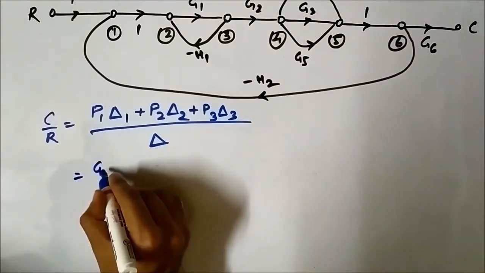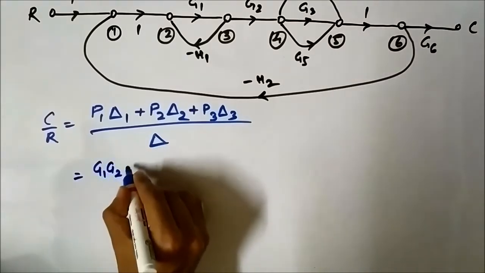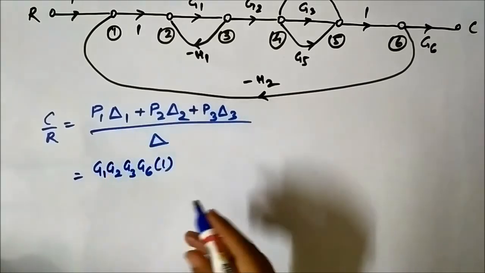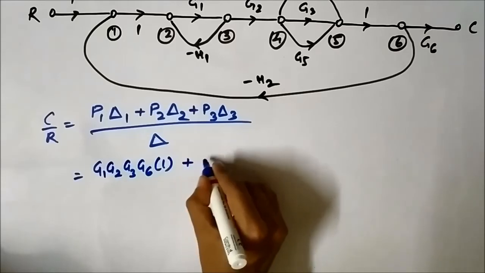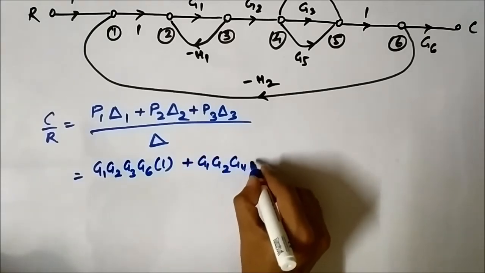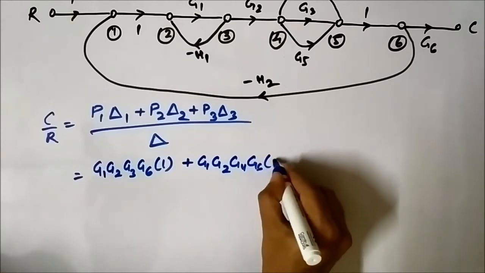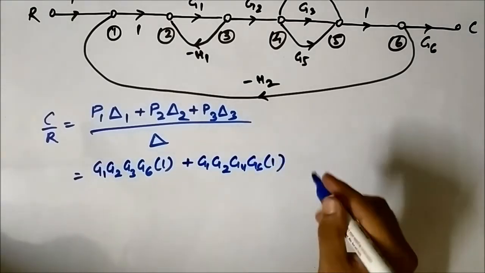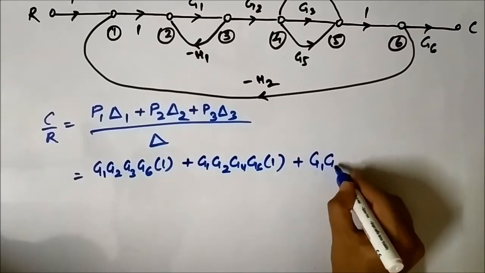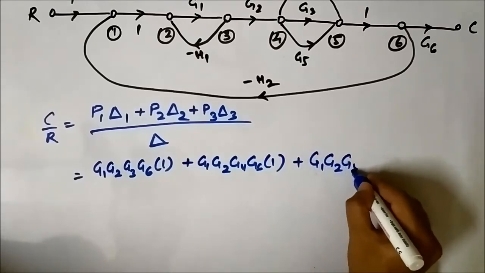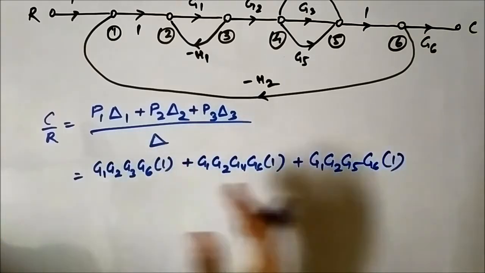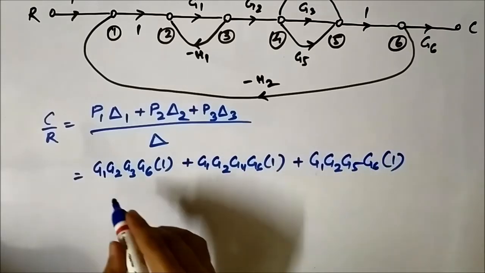So it will be P1, forward path gain G1 G2 G3 G6 into 1, delta 1 being the path factor, plus G1 G2 G4 G6 into 1, plus G1 G2 G5 G6 into 1. The path factors of all the forward paths were 1.